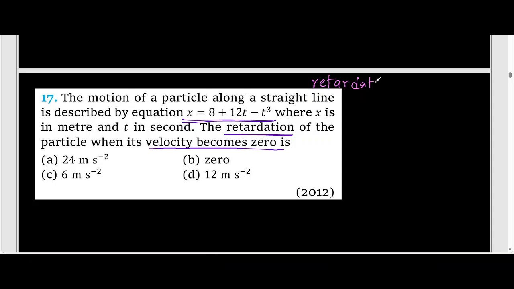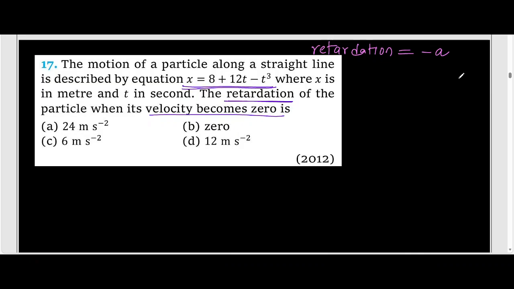When the velocity of a particle is decreasing, the body experiences what? Retardation. So this is simply negative of acceleration. So you have to find this retardation, and what is the condition? Velocity is becoming 0. So first take x here, it is 8 plus 12t minus t cube.